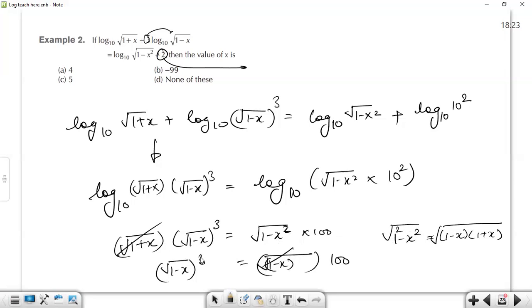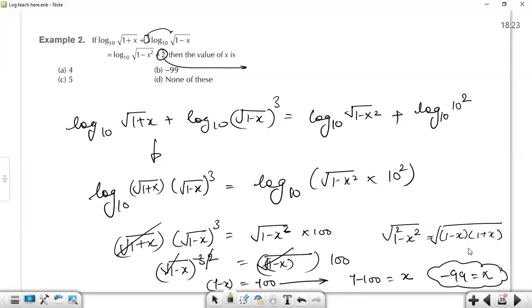Okay, now this will be cancelled and the power will remain as 2. So now the square root will be cancelled by the square power, correct? Is 100. 1 minus 100 is equal to x, minus 99 is equal to x, which is our answer.